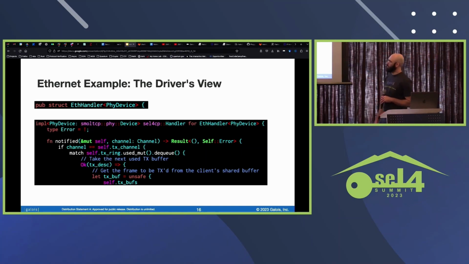Anyway, we ended up using the phi device trait from smoltcp, which is the Rust TCP stack that we were porting, which is what that TCP stack wants to consume. So this is what we needed.